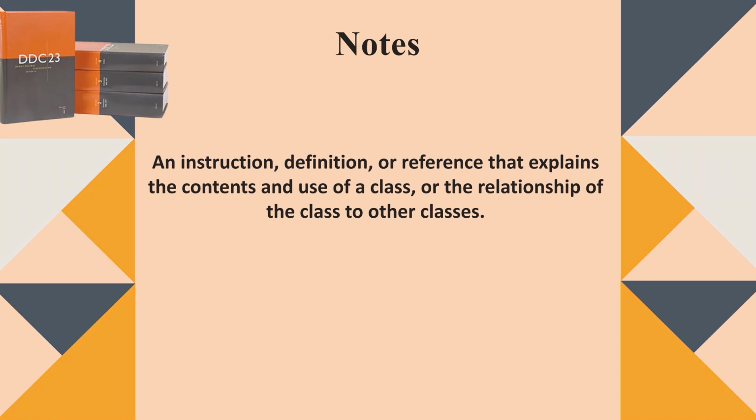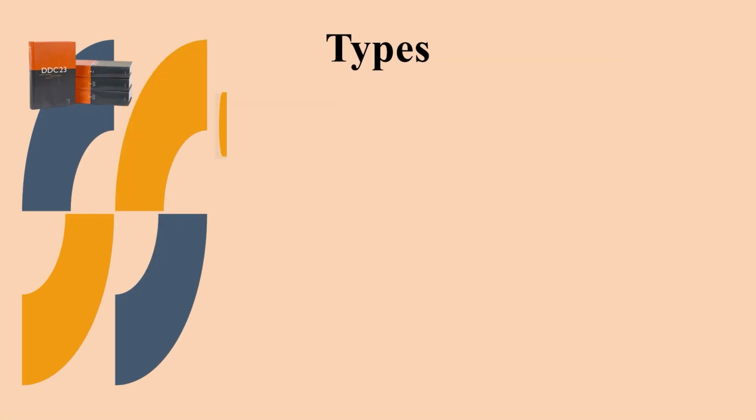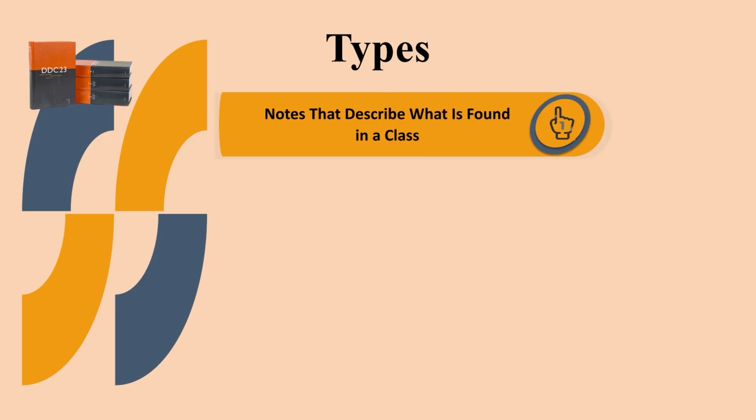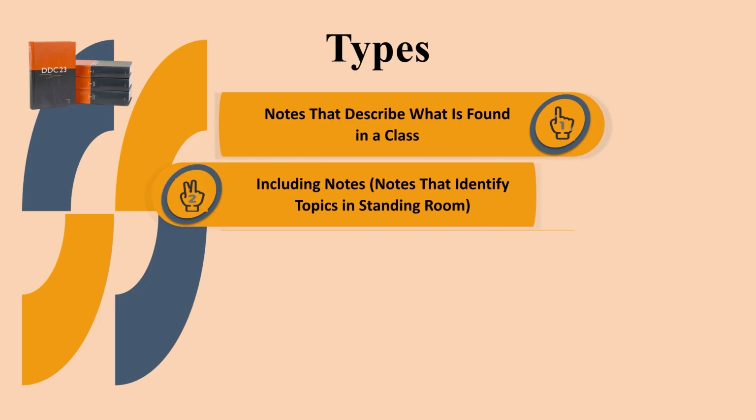In DDC, we get four types of notes. Firstly, notes that describe what is found in a class. So in a class, the content or the facets or the ideas that are included are described in this particular type of note. Secondly, the including notes. These are notes that identify topics in a standing room.